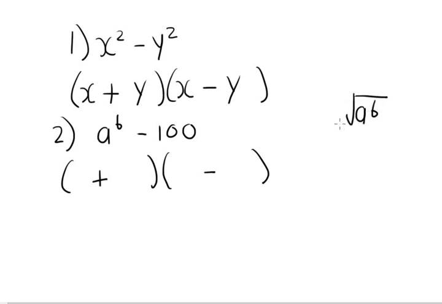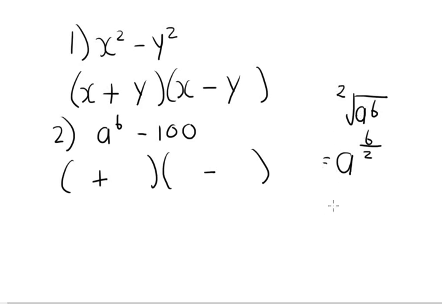So let's just have a look at the square root of a to the power of 6. The law that we're using over here, there's an invisible 2 there. It's a to the power of 6 divided by 2. So if you want to convert a surd into a normal exponent, you're going to say a to the power of 6 divided by 2.